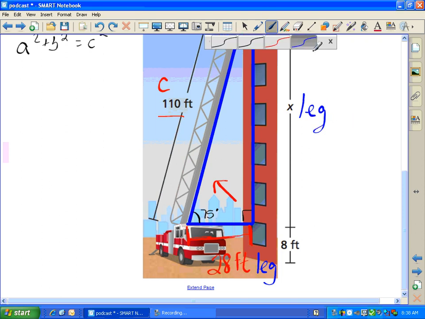Remember, Pythagorean theorem, your legs are always going to be A and B. So I can say A equals 28 feet, and I can call this B, or I can do the commutative property and say B is 28 feet. I'm going to call this leg A, and I'm going to call this leg B. So I'm looking for the leg. Remember, I've got two choices when I'm doing the Pythagorean theorem.